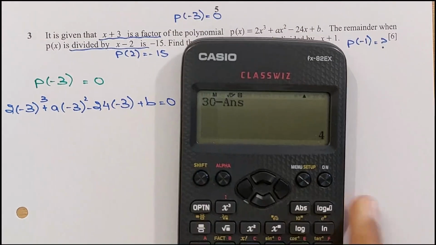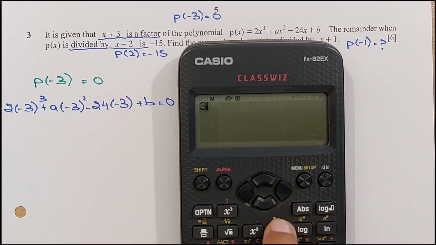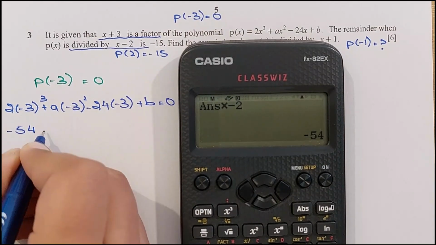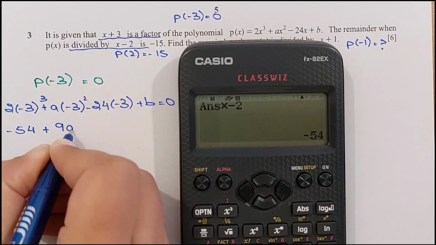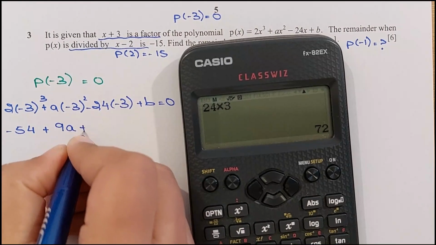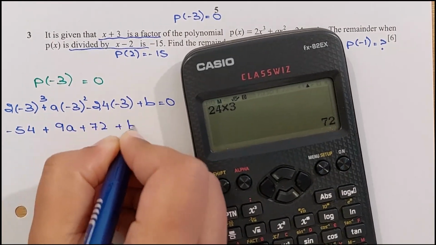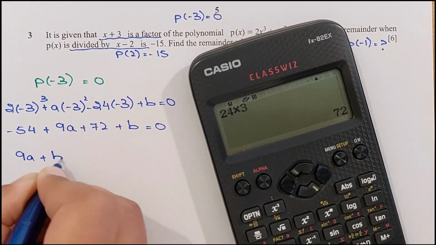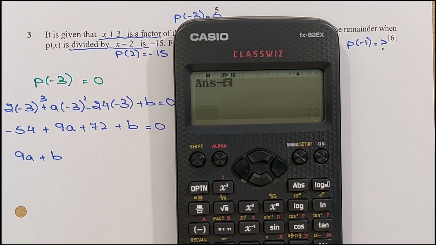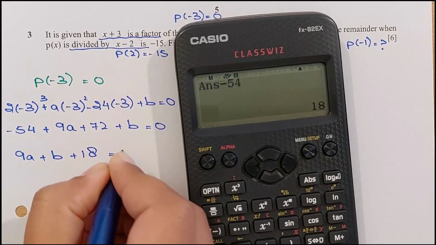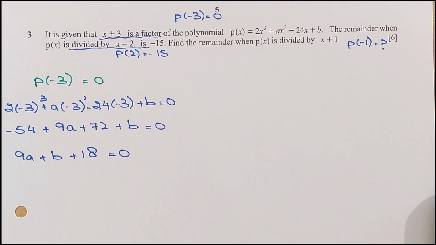So 3 cubed is 27, and times 2 is minus 54, plus 9a. 3 squared is 9, and 24 times 3 is positive 72, plus b equals 0. So 9a plus b, and 72 minus 54 is 18, plus 18 equals 0. This is my first equation, right?